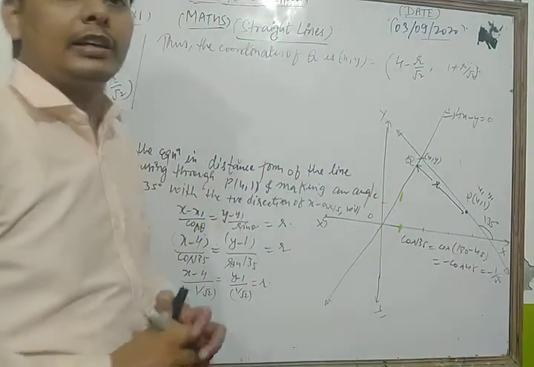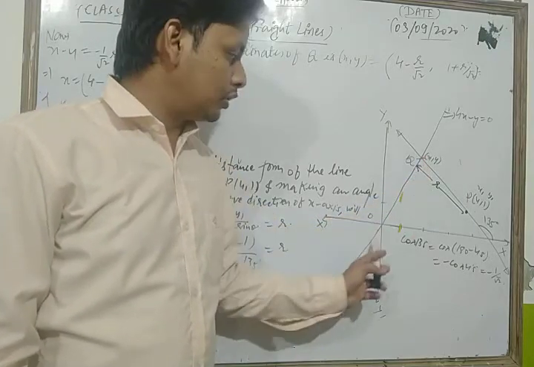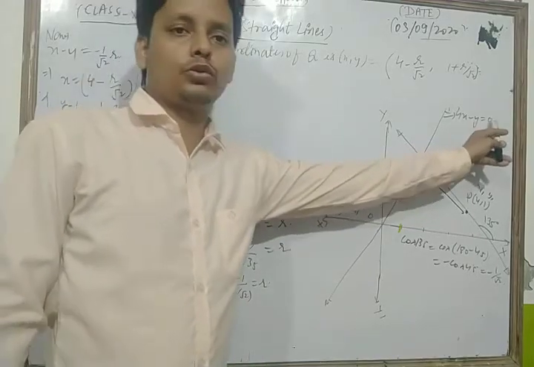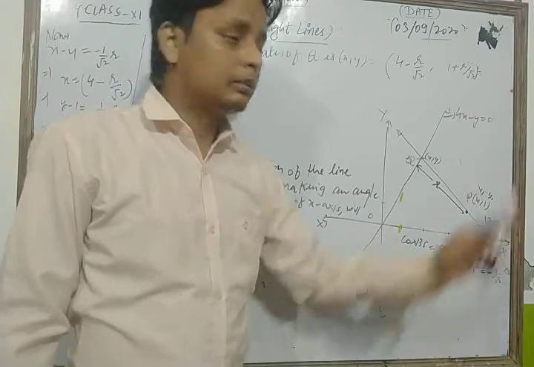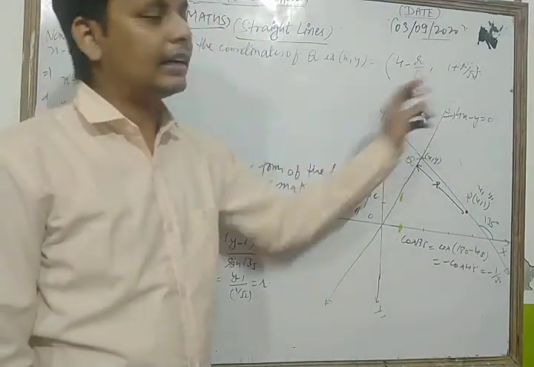Now look from the figure, dear students, the point Q lies on which line? The point Q lies on the line 4x minus y is equal to 0. So the coordinates of Q must satisfy that equation of the line, because Q lies on that line.